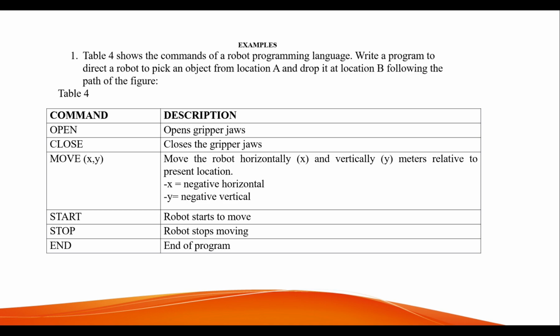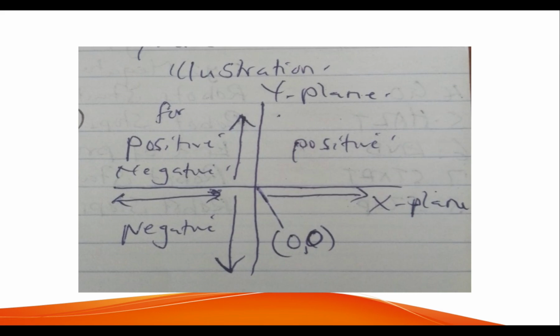That is where you have to really understand the xy plane, whereby you know the positive distance. If it's along my x-axis, then it is making a positive distance when going to my right. It's making a negative distance when going to my left. If it's along the y plane, then it's making a negative distance when going downwards, and a positive distance when going upwards.